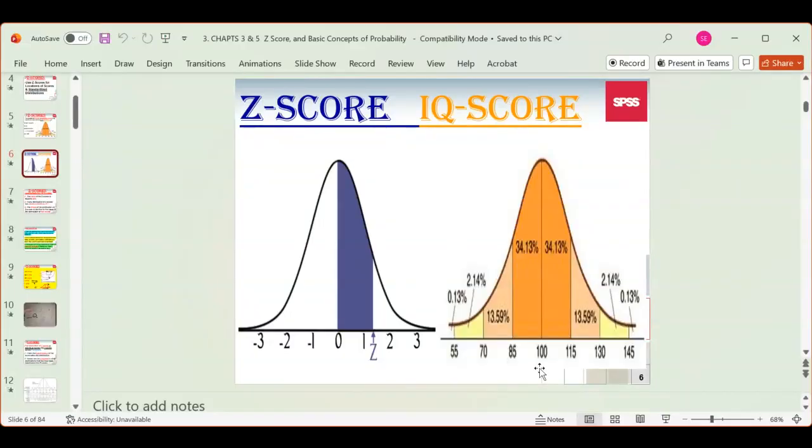If you have a standardized score, z is going to show the location of the score by its own numbers. Like if your IQ is 130, you can see that there's 1 and 2 standard deviations right there. 1, 2.